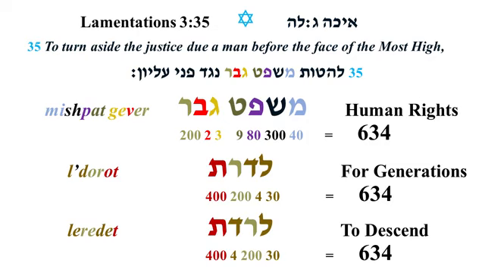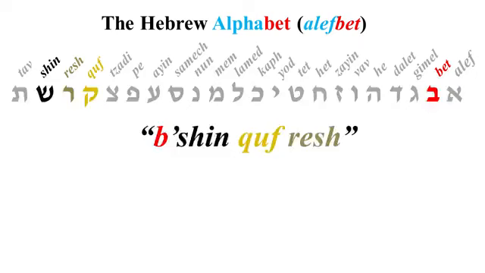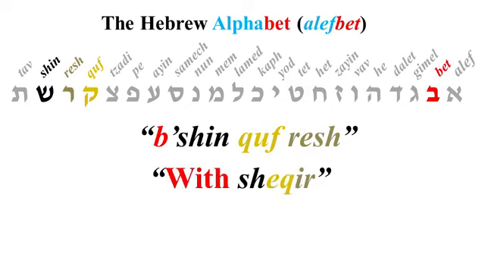Okay, another place we see the resh is in the phrase bashin kuf resh. And that's just a phrase, an idiom in Hebrew. And what they're doing is just naming three letters, shin, kuf, resh. Well, those three letters spell sheker. And the bet in front can be with sheker.